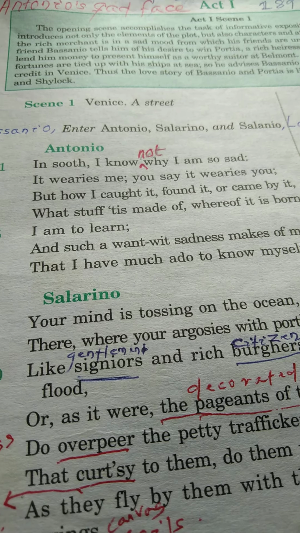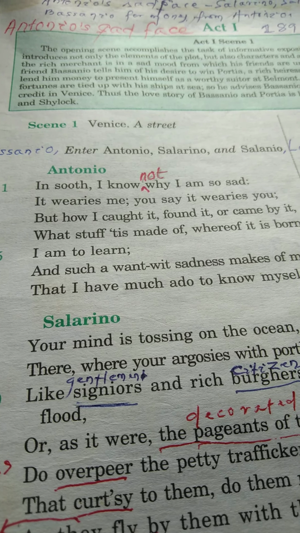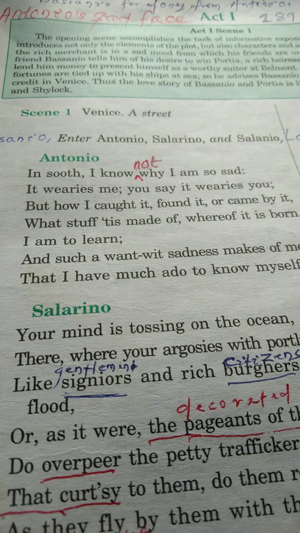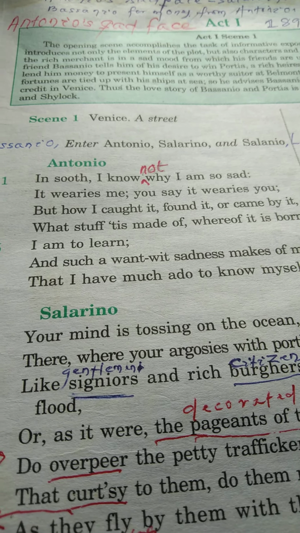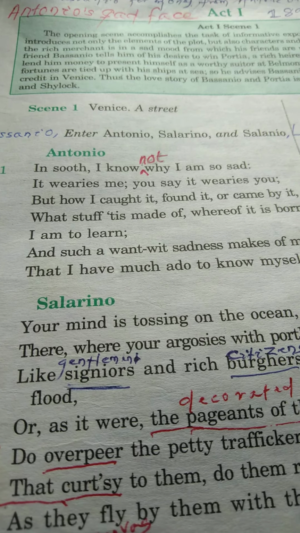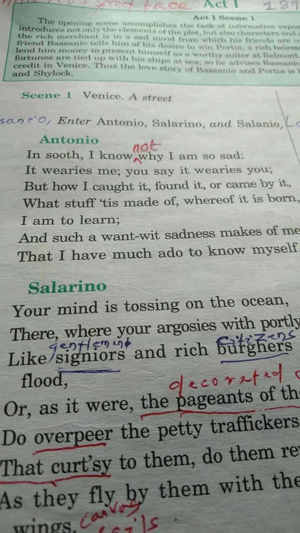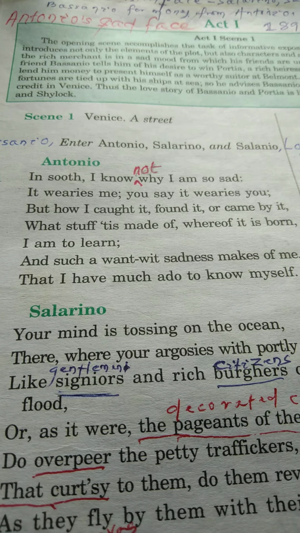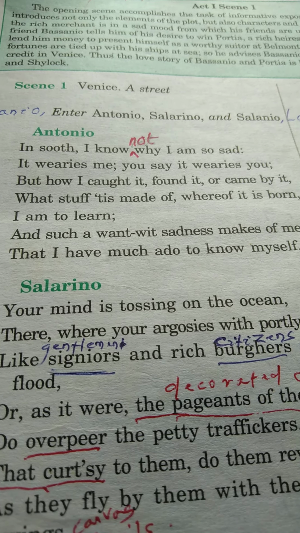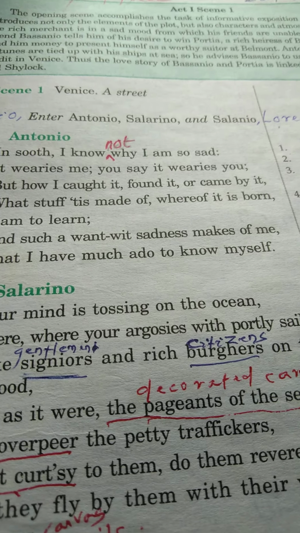Ocean, why? In fact, he meant to say Antonio is a royal merchant. He has a number of ships, about six ships. All his ships have set sail to different harbors and ports on business, on merchantry.